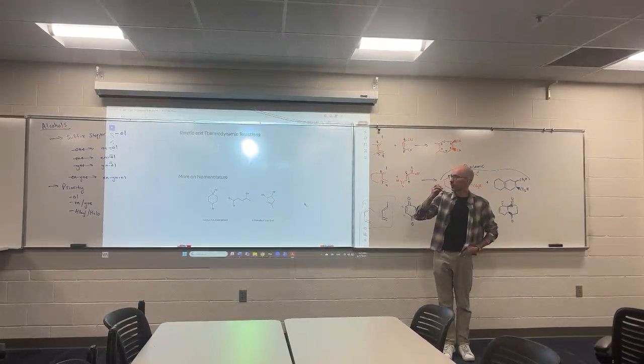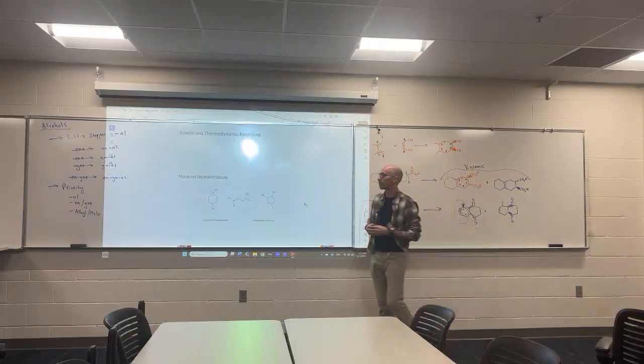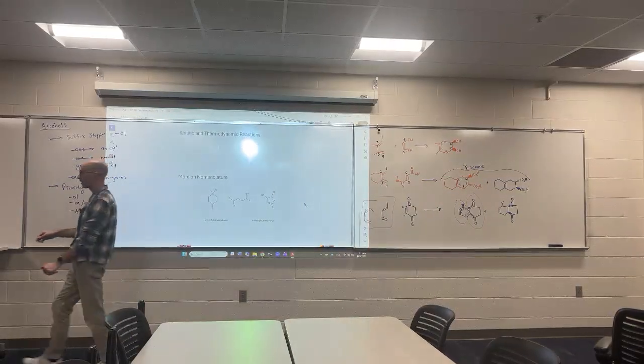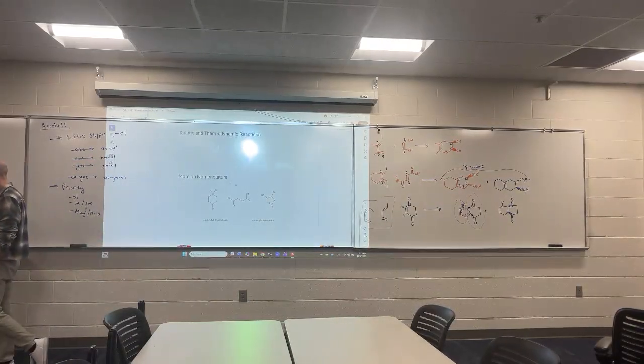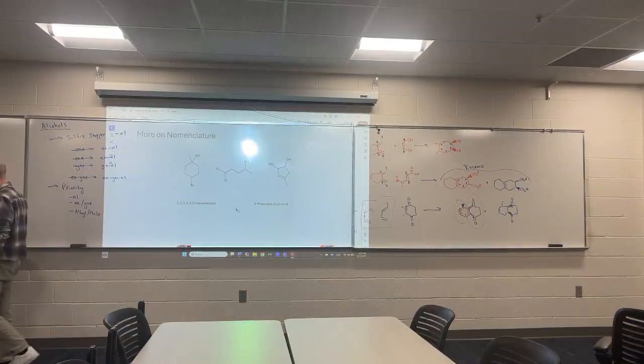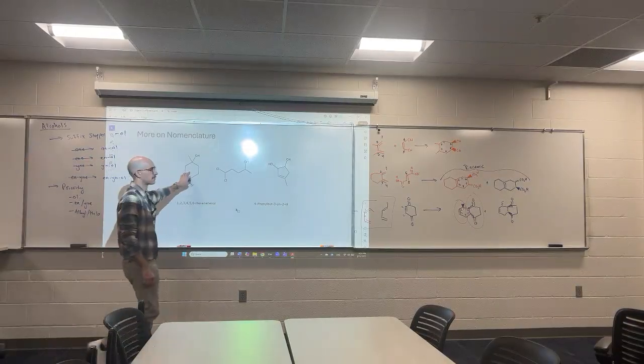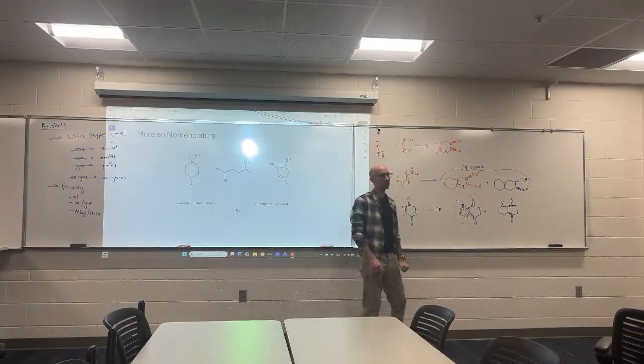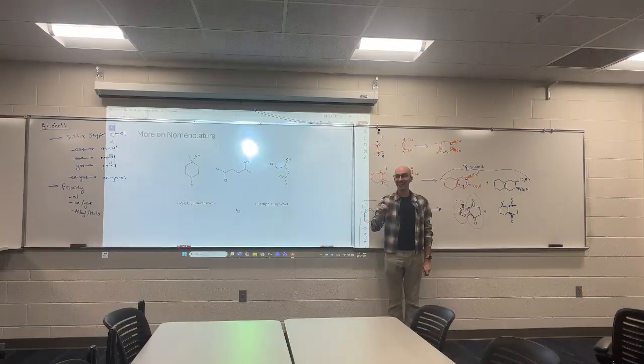So in this first compound, this ring, what carbon should be carbon number 1? Where the alcohol is. And do I need to say that that is carbon number 1? In a ring, how do I decide where to start?